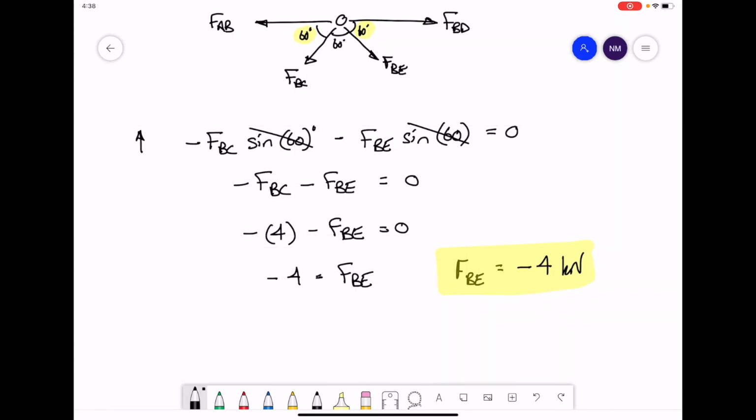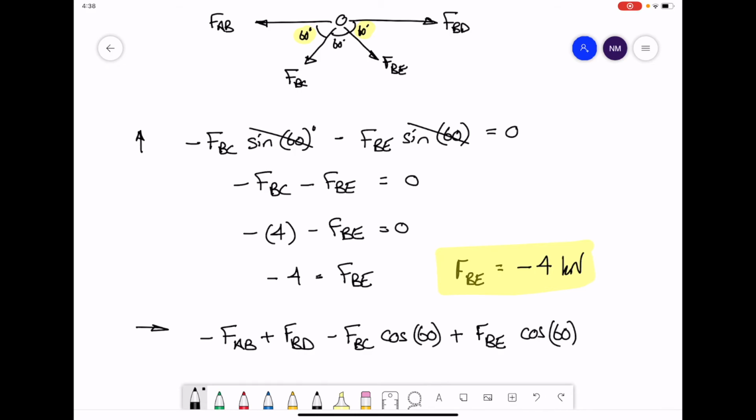Now doing the horizontal resolve on the same joint: minus force AB plus force BD minus force BC times the cos of 60 degrees plus force BE cos 60 degrees.